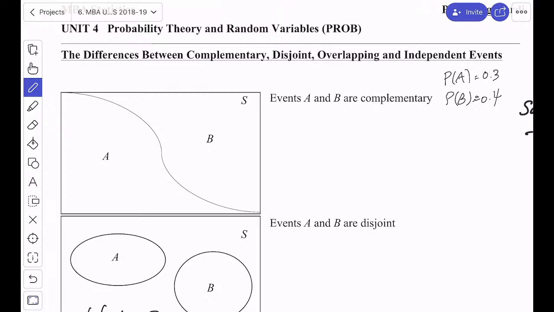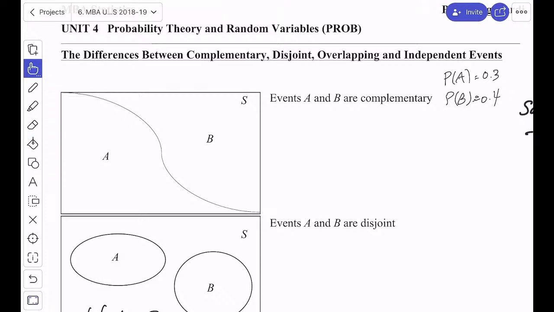I'm going to refer to this as the chance of A happening. The chance of A happening is 30%, or 0.3. Okay? You can think of it as 0.3 or 0.4.